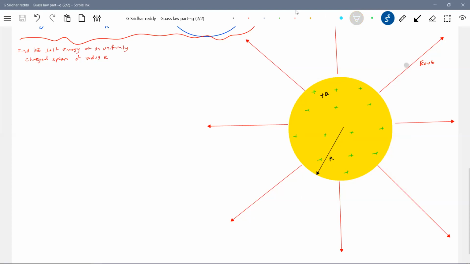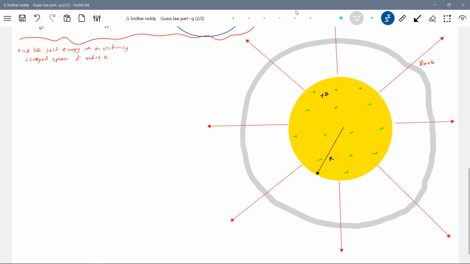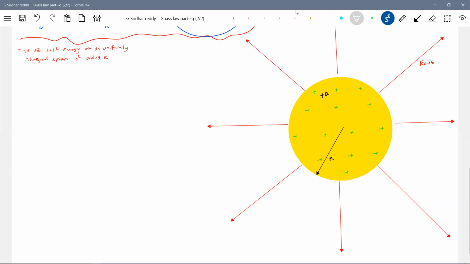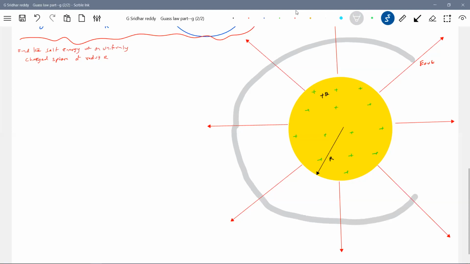So I'm going to draw again an elemental shell. Let me draw part-wise. So what is the field outside? Outside it is equal to how much? E out.